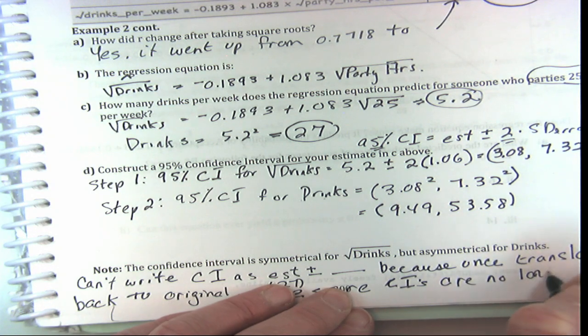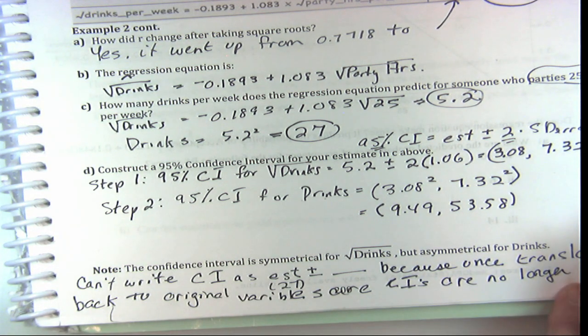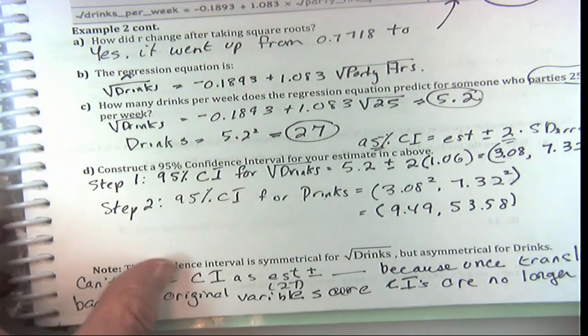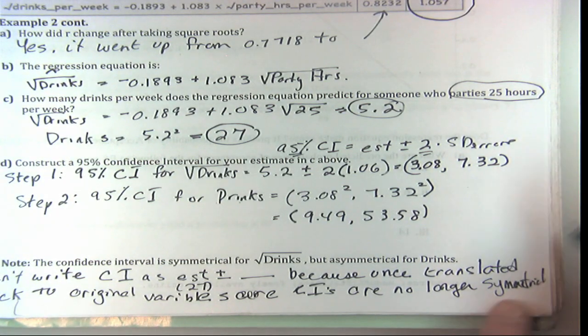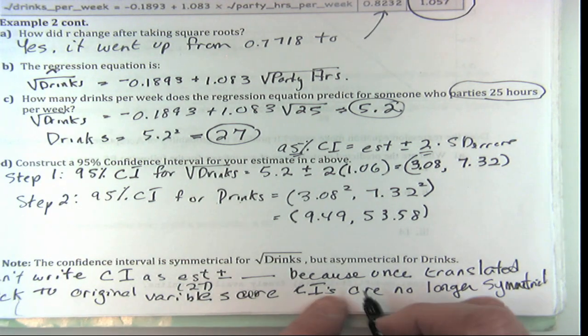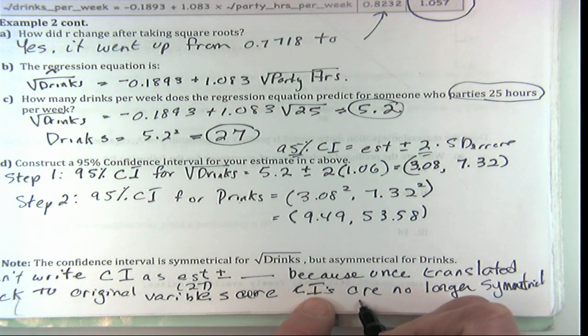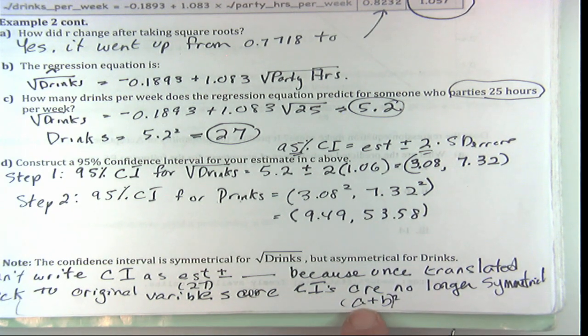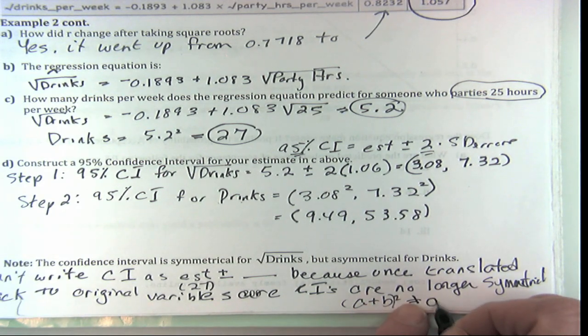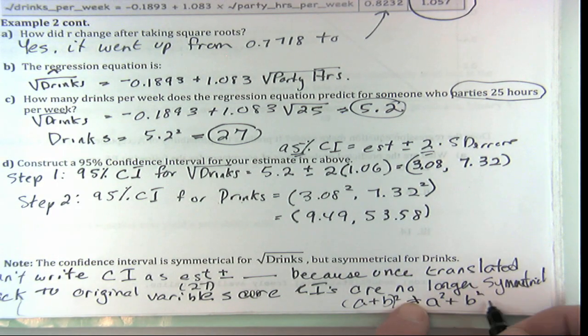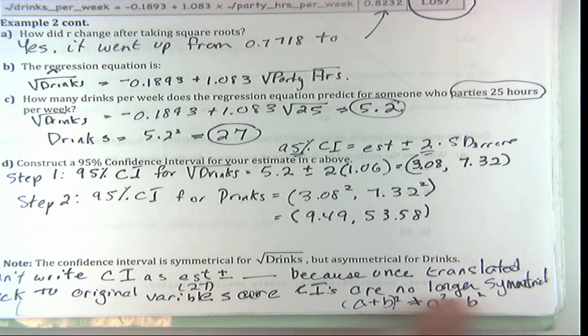And why? Just because of the arithmetic. Can you see that? Symmetrical, that's what that says. Because A plus B squared, our estimate plus our error squared, is not equal to A squared plus B squared. It's equal to A squared plus B squared plus 2AB.